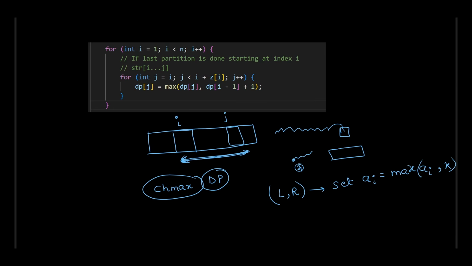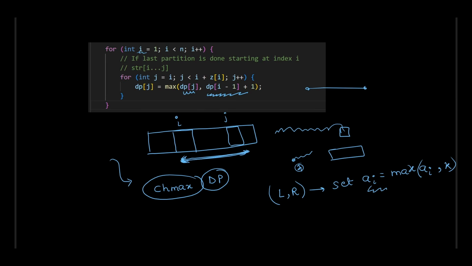So here you will see that in the range I to I plus ji, which is a contiguous range, you want to set each element to max of what it already is, comma, a constant. Why is this a constant? Because you are iterating from left to right and you know the dp value of dp I minus 1. So you need a data structure that can efficiently perform chmax dp, which can essentially do range updates, and the range updates should look like this: ai is equal to max of ai comma k.